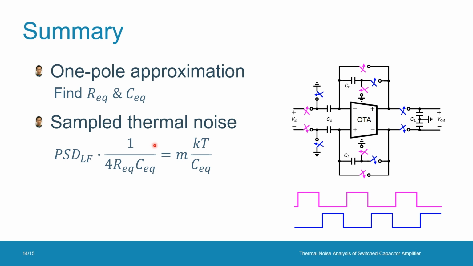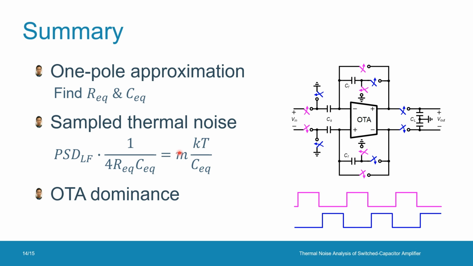Typically, the result is in the form of kT over C. We just need to find how many kT over C, the multiplication factor M, which is simply unity for the basic sample and hold circuits.